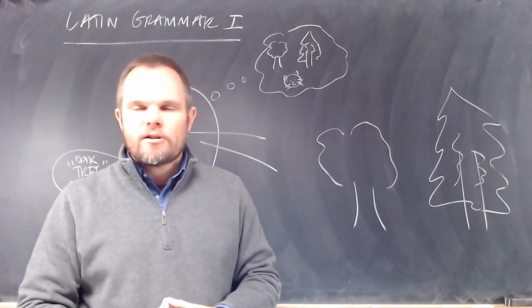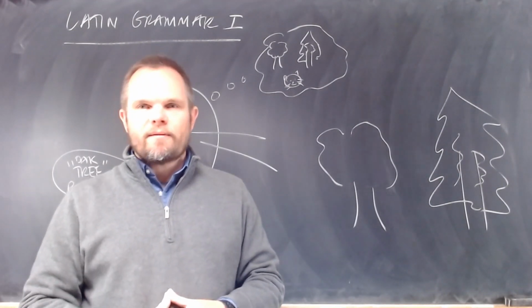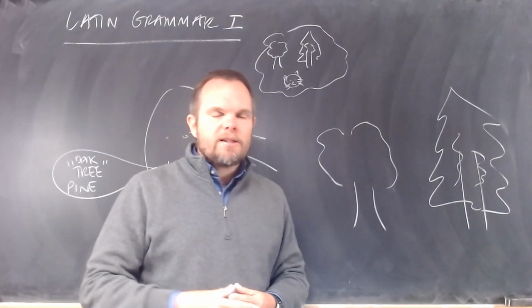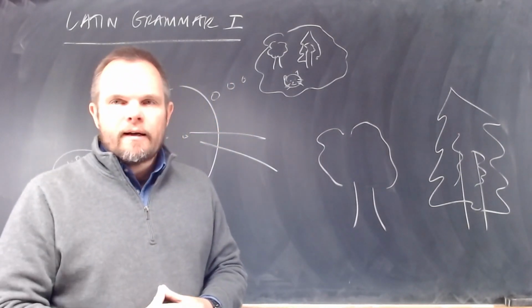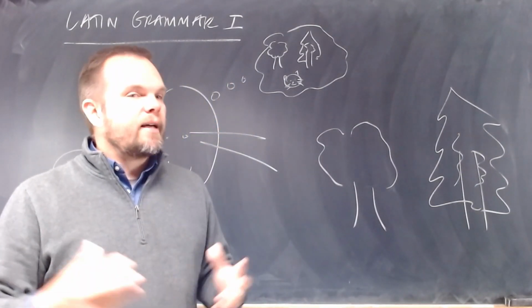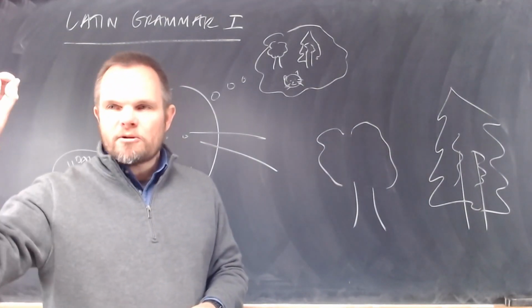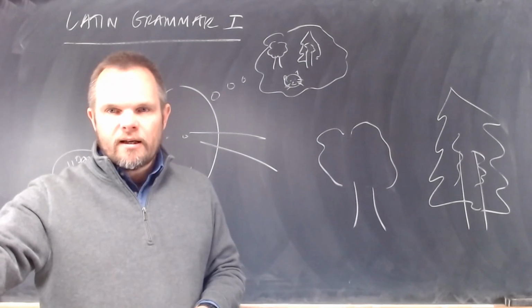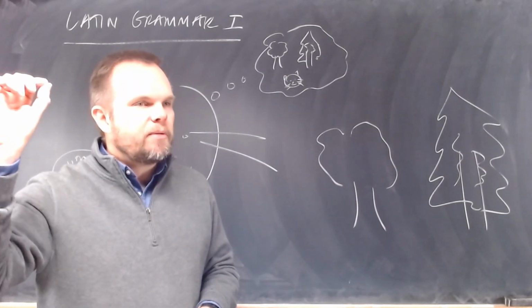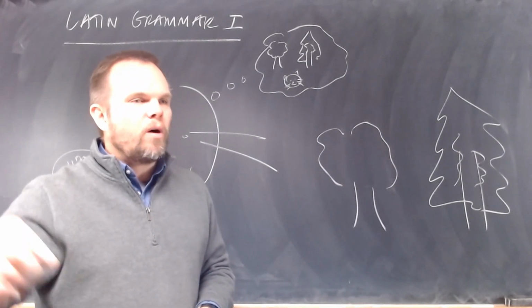And that's the challenge of communication. That's what grammar helps us to understand scientifically so that we can learn how to paint those pictures in other people's minds to be exactly what we want them to be.